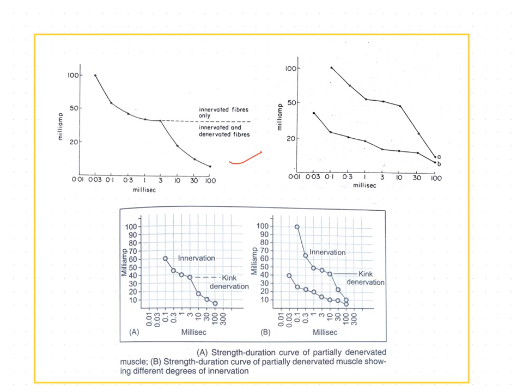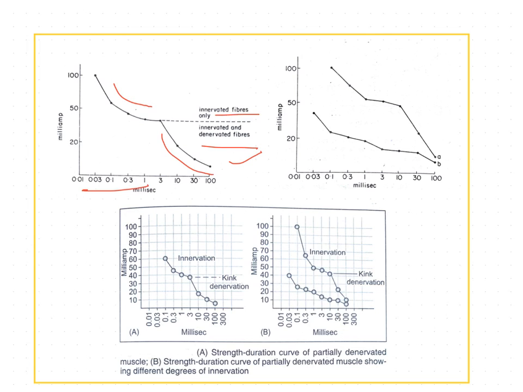So the impulses of shorter duration show the kind of curve which we have seen in innervated muscles, and the impulses with longer duration show the type of curve for denervated fibers.